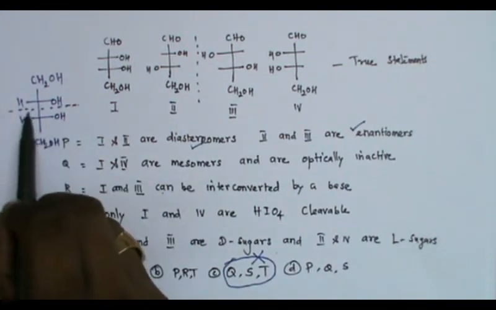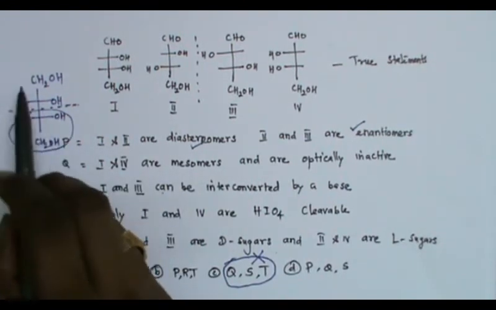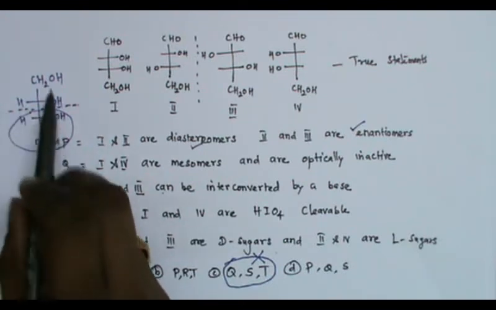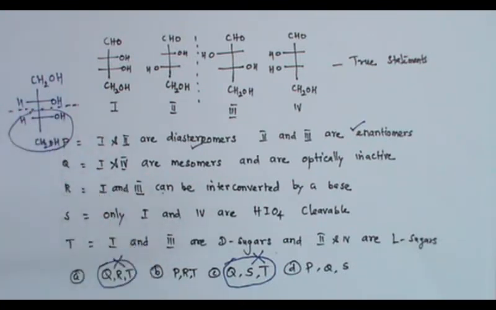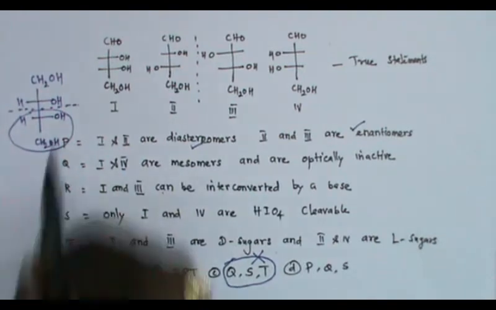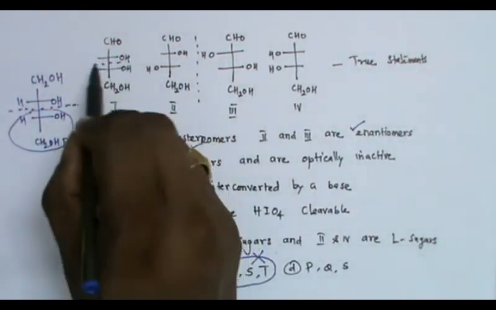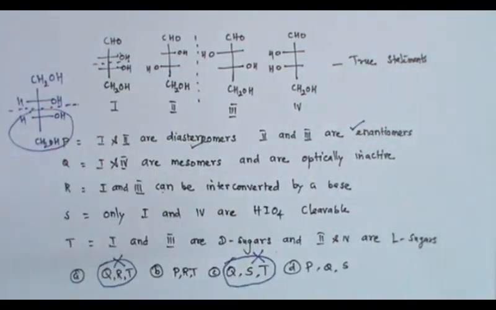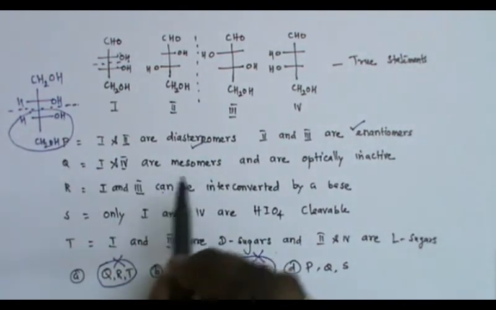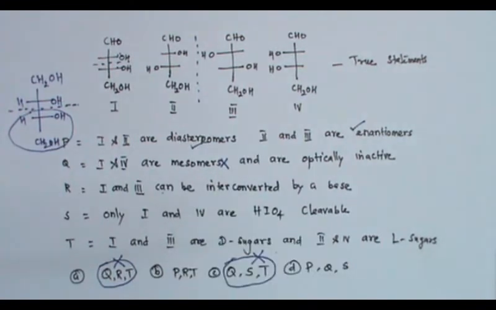So you can see here, this portion will be mirror image of this. If I keep the mirror plane here, OH will be here, CH2OH, hydrogen. But in this case, we have CHO, not CH2OH. Even though these two are mirror images, we don't get mirror image here. Because of that, they are not mesomers.